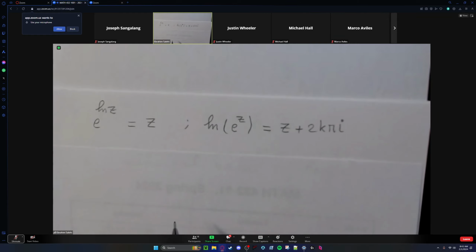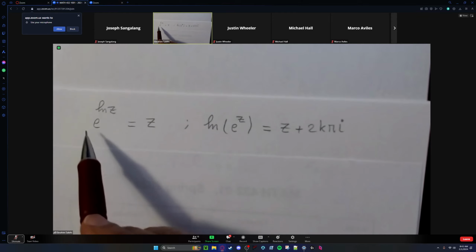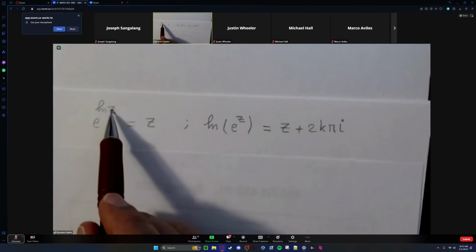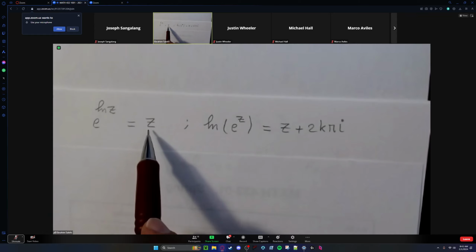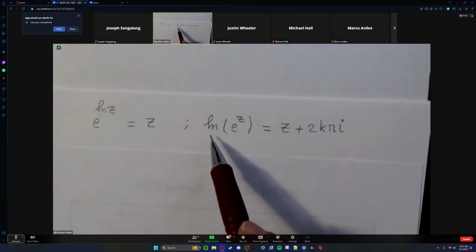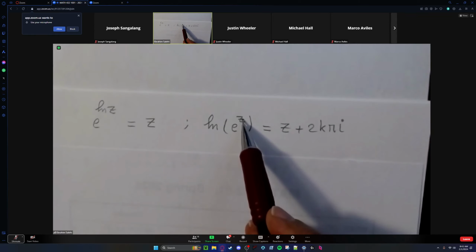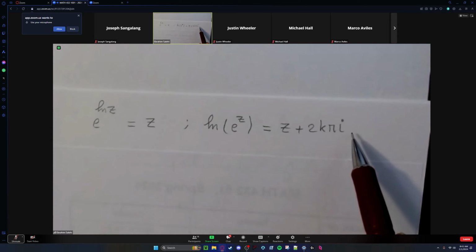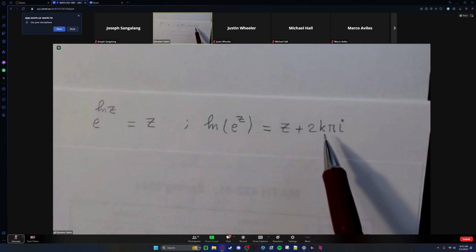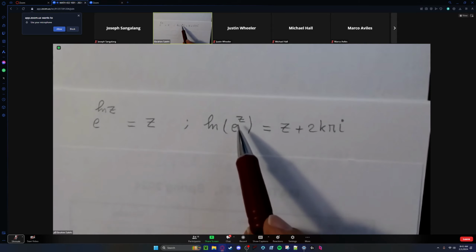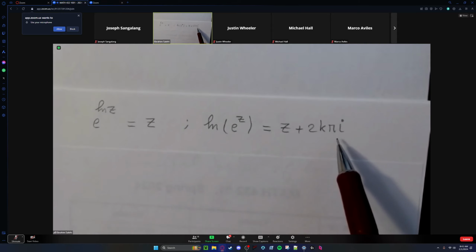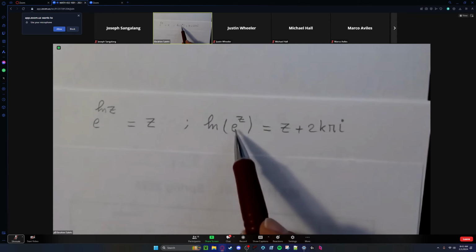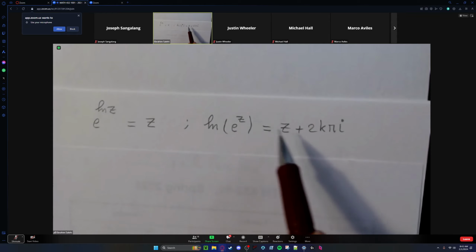But there is a little difference. Yes, it is true that e to the log z is z. But the logarithm of e to the z is not exactly z. You get 2k pi i attached to it, all right? Unless you want to consider the principal argument, then logarithm of e to the z will be z.